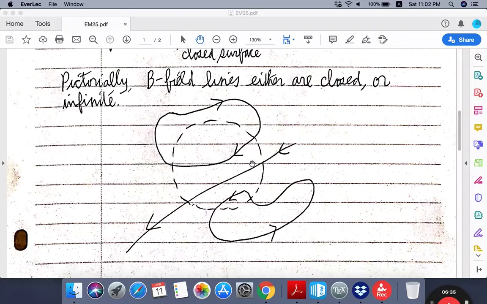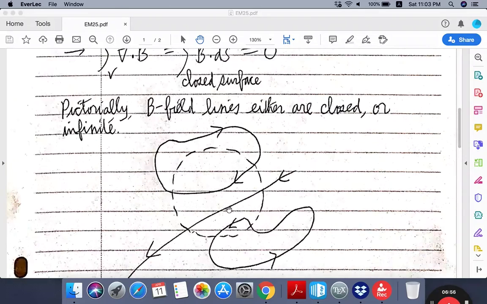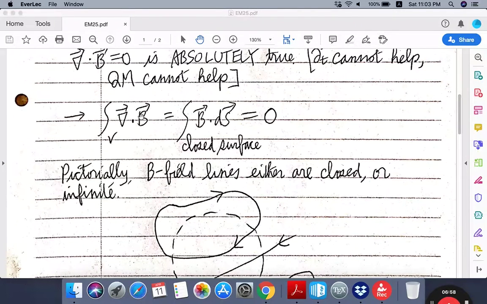And that means that the magnetic field line either has to just pass through the surface or it would have to form some closed loop like this. Okay, so these are the only allowable situations for the magnetic field lines that are consistent with this powerful constraint of having no divergence whatsoever.